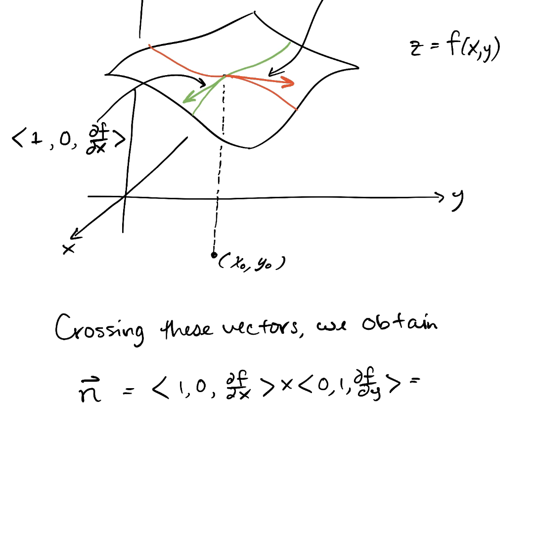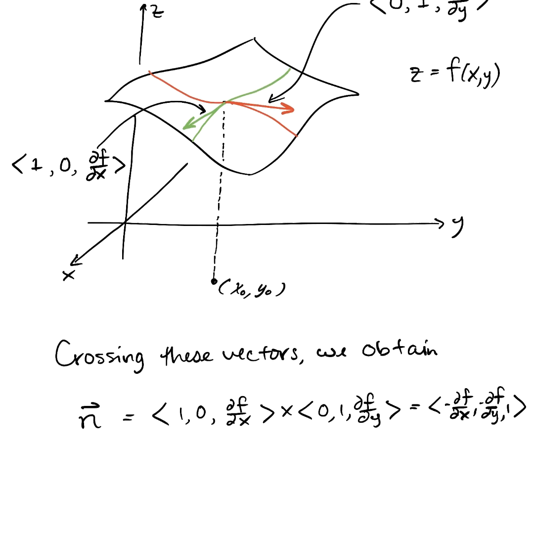two vectors. If you do cross them, go off to the side. You guys can check this on your own. You get this. It's the vector negative df dx, comma, negative df dy, comma, 1.